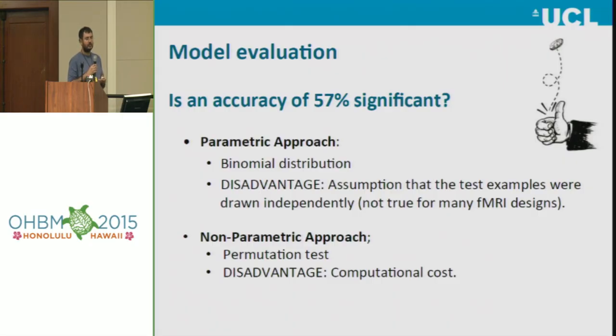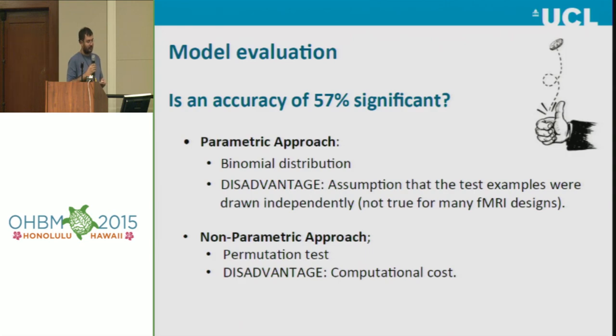Then we can use this to build the distribution of what the accuracies would be if there wasn't any relationship between the image features and the targets. Then we can see where our actual accuracy of 57% lies on this distribution. How likely were we to get it by chance?